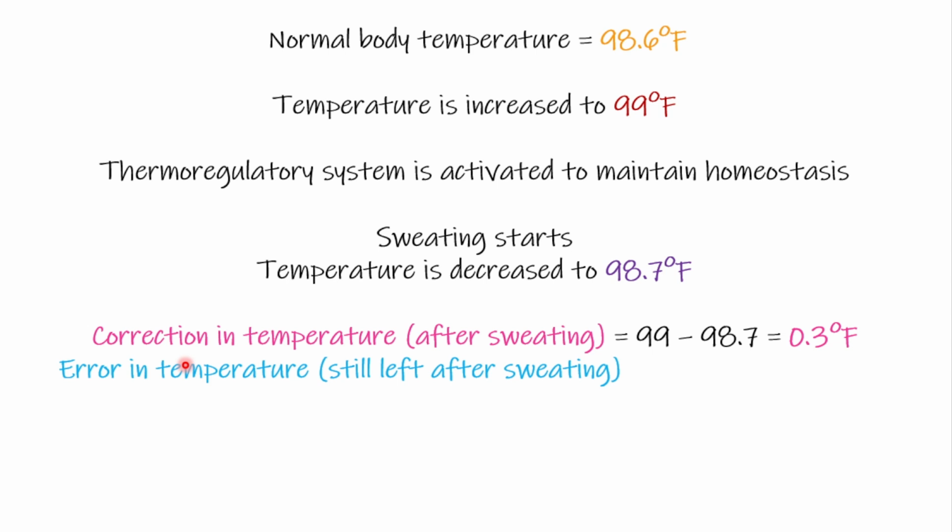Now, what exactly is error? Error is the temperature still left after sweating. The thermoregulatory system has played its part, sweating has started, but still some of the temperature is not being regulated. For instance, the temperature wasn't decreased from 99 to 98.6, it was decreased to 98.7.